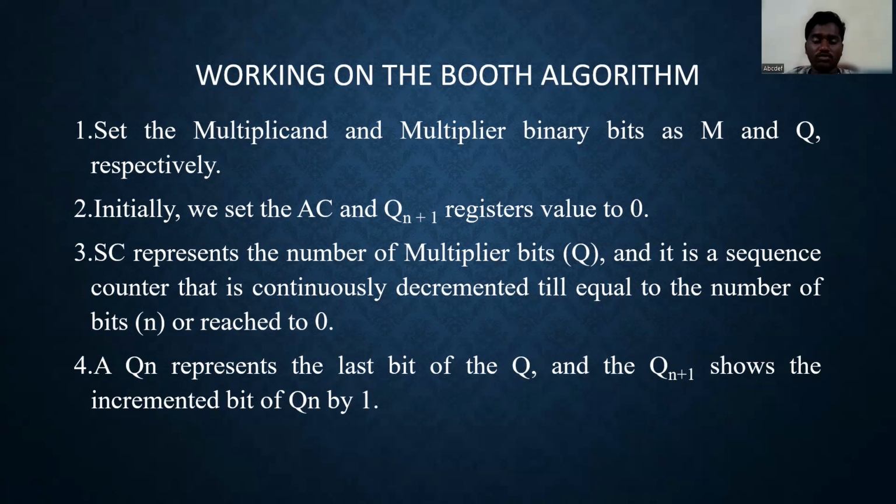SC represents the number of multiplier bits, and the sequence counter is continuously decremented till it is equal to the number of bits n or reaches 0. Qn represents the last bit of Q, and Qn+1 represents the incremented bit of Qn by 1.